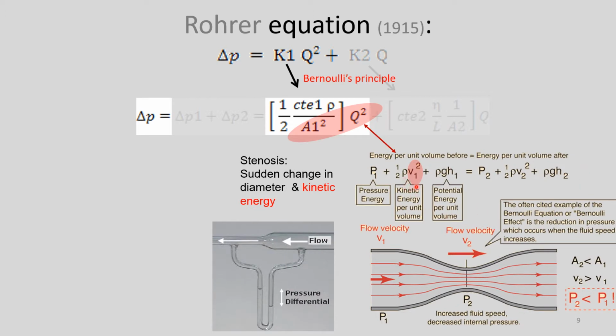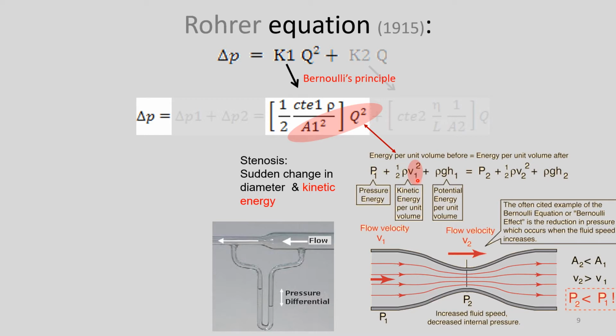And this term is the kinetic energy of the flow per unit of volume. And you can see that if you divide the flow, which is Q, the flow through the system, by the cross-sectional area, you are going to get the velocity.